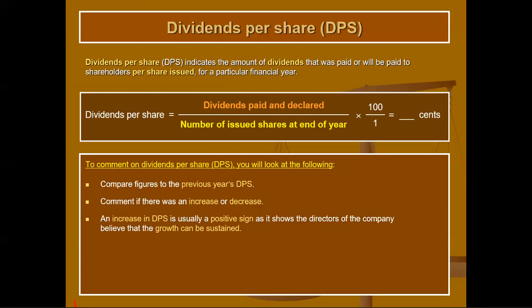And secondly, it indicates to the market or people that will invest in the company that there is value in that company, and the value in that company can be sustained. Growth in that company can be sustained. So that is why, guys, it's very important that you maintain a positive dividends per share.